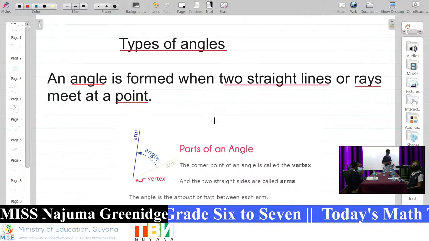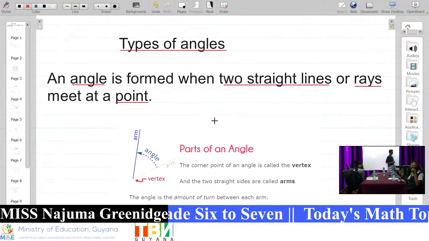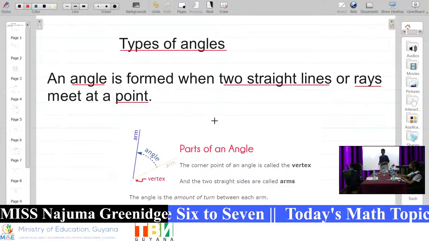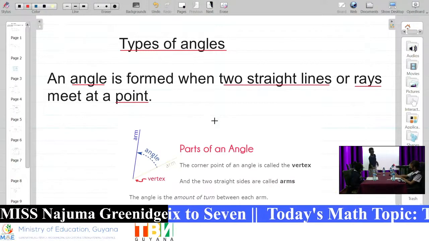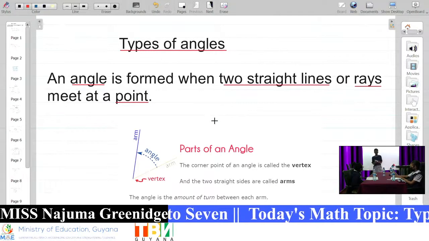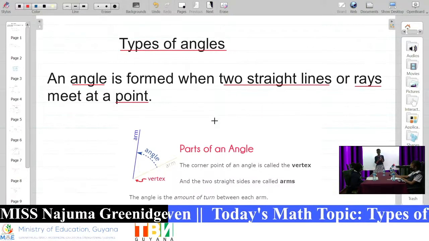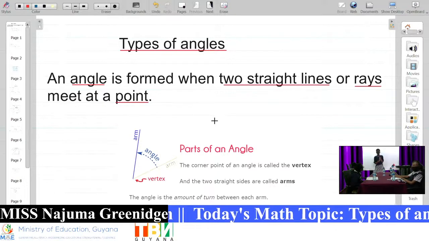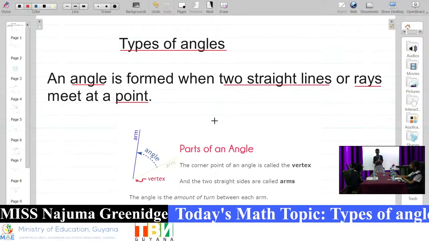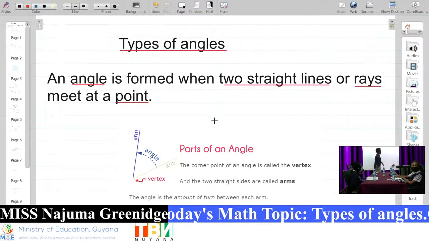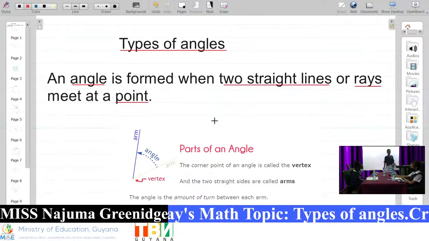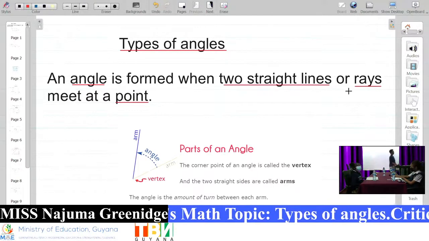And the angle is the amount of turn between each arm. So if I move this arm upwards, an angle would be formed between the two arms, or the two rays. Can you tell us about some types of angles that you know?